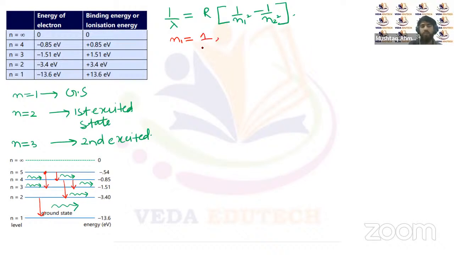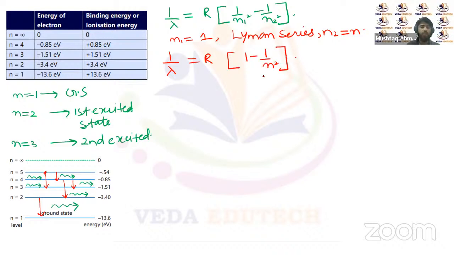Such a band of spectral lines emitted for the transition from any higher energy state to n equal to 1, we call the Lyman series. n2 can have any value, that will be equal to n. So this series we call the Lyman series for n1 equal to 1, and 1 upon lambda will be equal to R times (1 minus 1 upon n square).